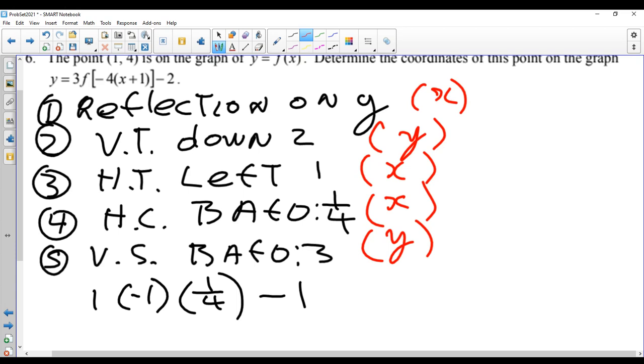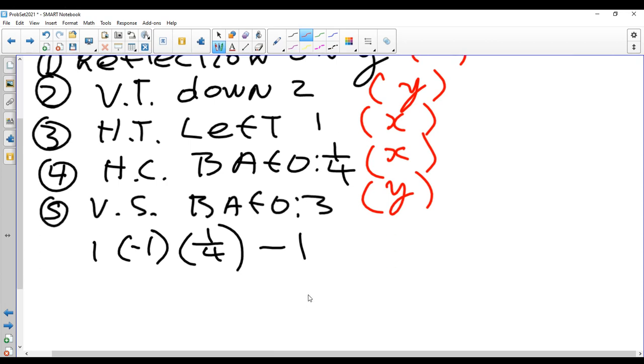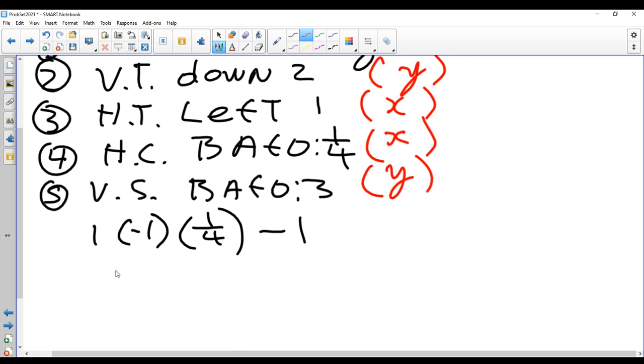We took the original 1, multiplied by 1 over 4 because of the horizontal compression, and we changed the sign. So really what we have here is -1 over 4 minus 1. And if we get a common denominator, I'm going to get -5 over 4. You can double check that for yourself. That's my new x value.